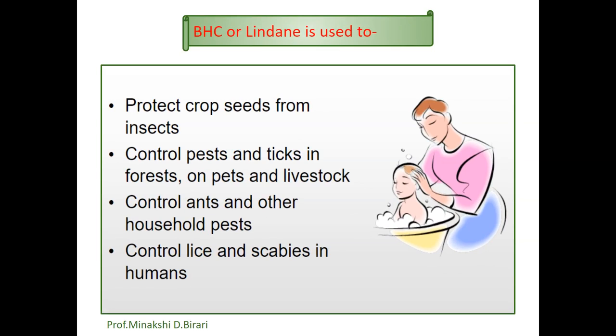These are to protect crop seeds from insects, to control pests and ticks in forests, on pets and livestock, to control ants and other household pests, and to control lice and scabies in humans. These are useful.